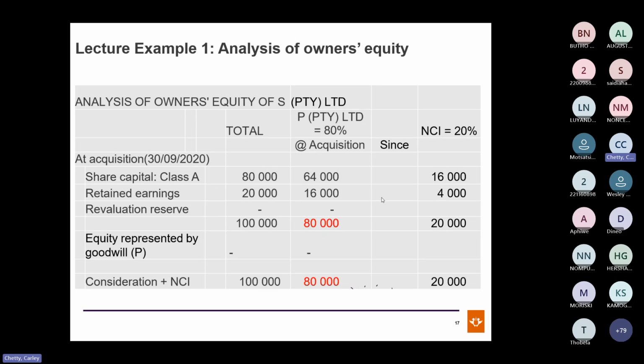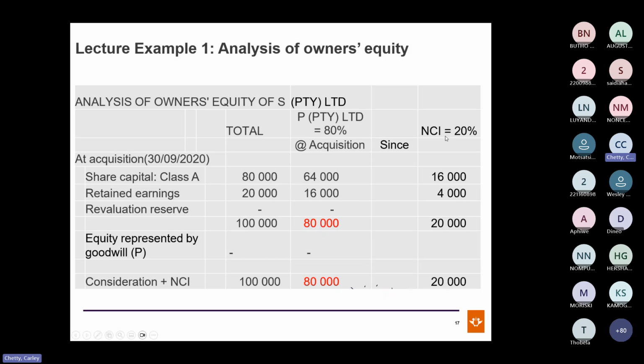And then we're going to do the same with retained earnings. So remember that S had 20,000 of retained earnings in their separate financial statements. We are going to say P owns 80% of that 20,000. So 20,000 multiplied by 80% gives us 16,000 Rand.